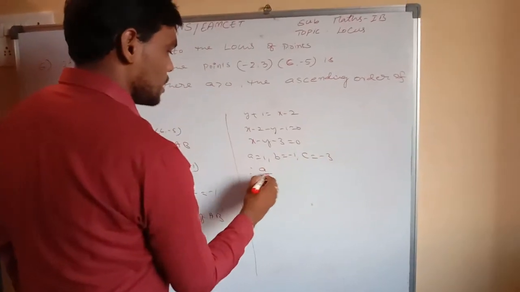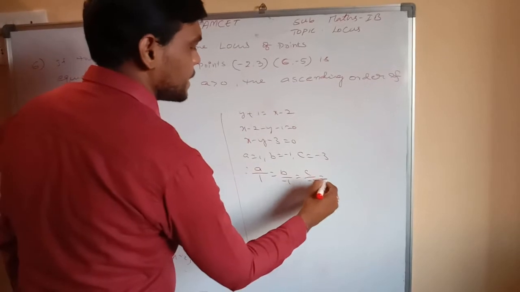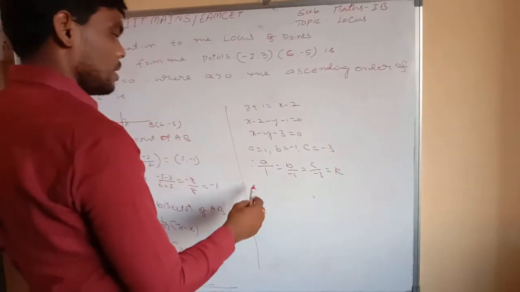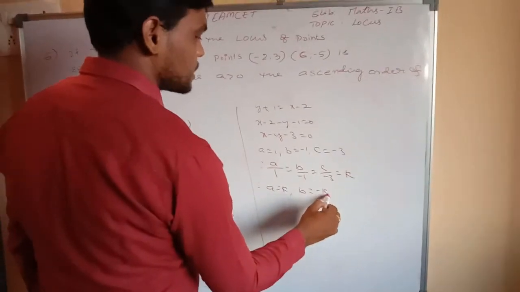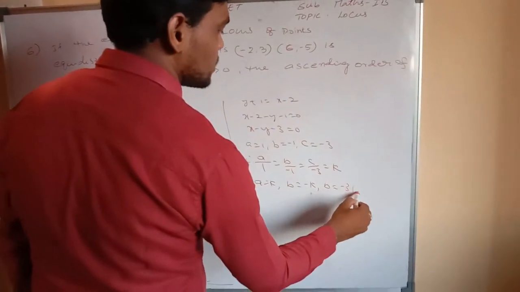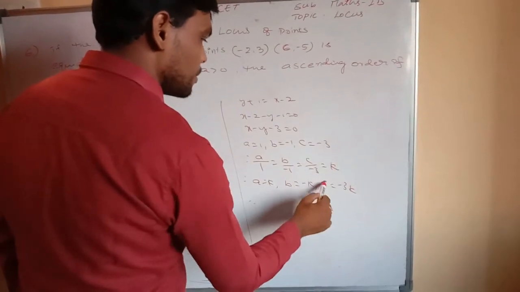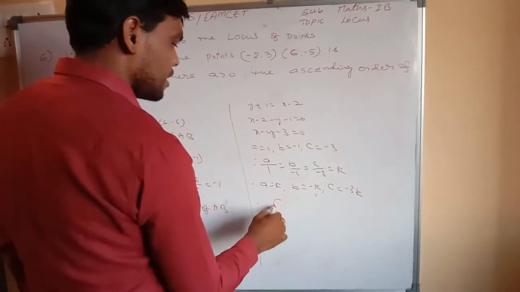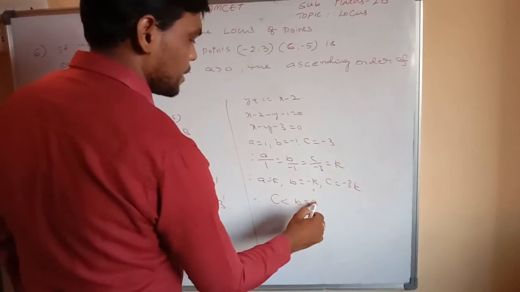Here a is equal to 1, b is equal to minus 1, c is equal to minus 3. And this is a by 1 is equal to b by minus 1 is equal to c by minus 3, which is k. Okay. Here a is equal to k, b is equal to minus k, and c is equal to minus 3k. Now the ascending order is c is less than b is less than a.